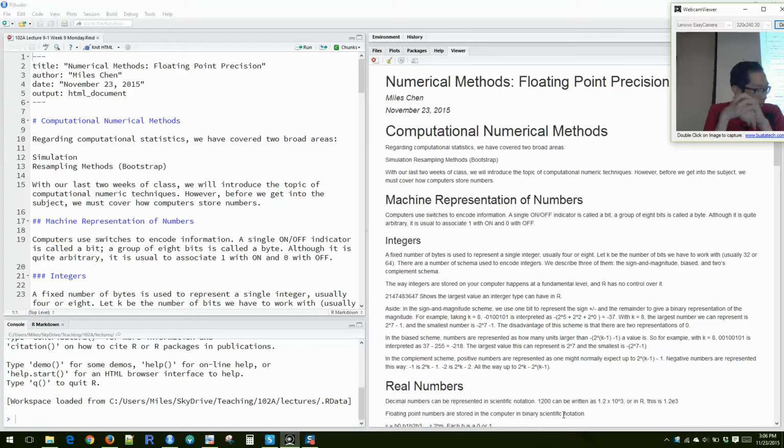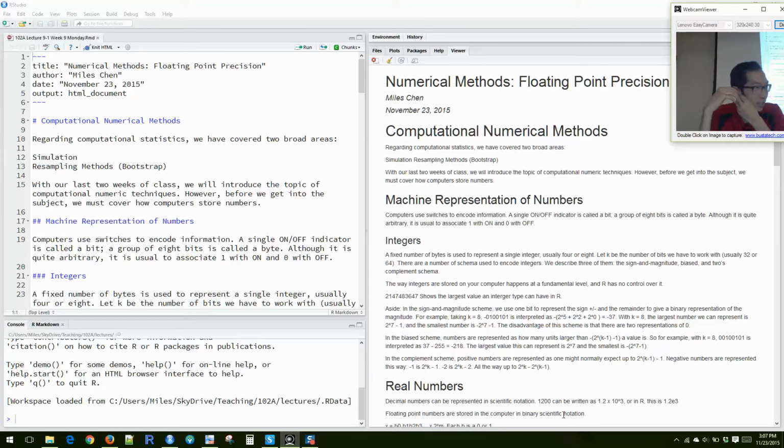And before we can really talk about numerical methods, we have to talk about the machine representation of numbers, just because a lot of the calculations that we do in regular math just don't work out when you're using floating point numbers in the computer.